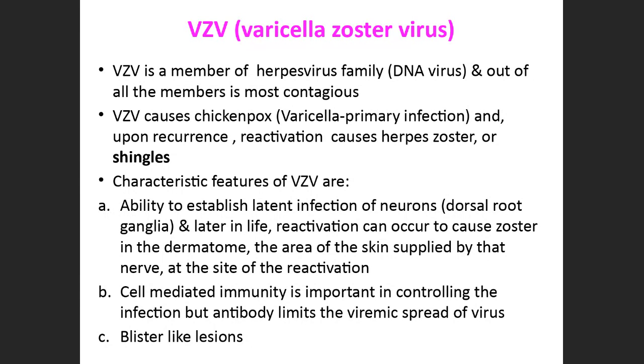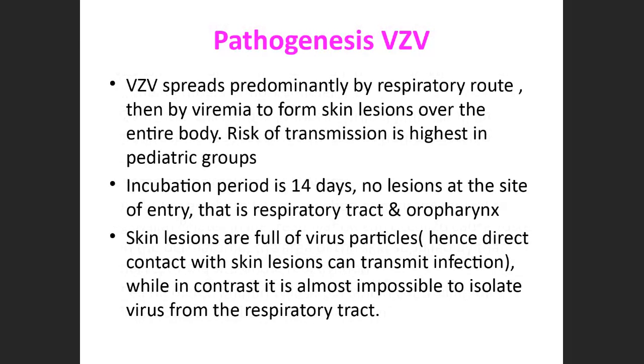The lesions are like blisters. I'm sure you know what are blisters, isn't it? Those typical lesions are like blisters. The spread is by respiratory route, and then by viremia to form skin lesions over the entire body.